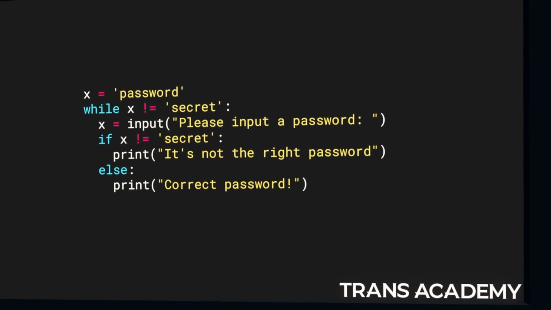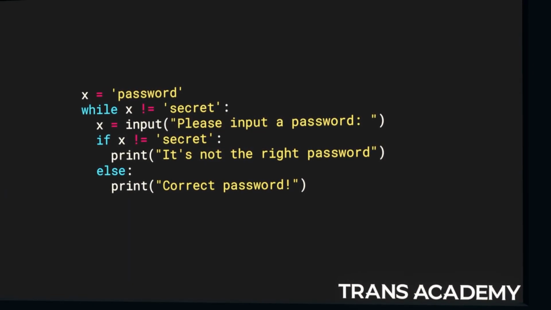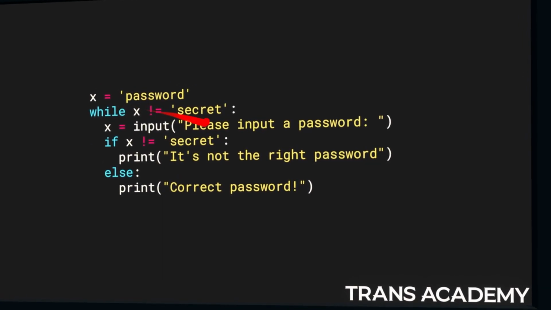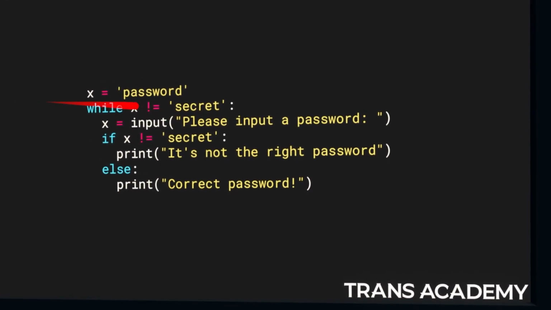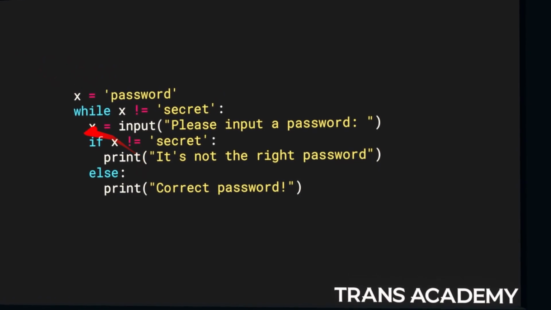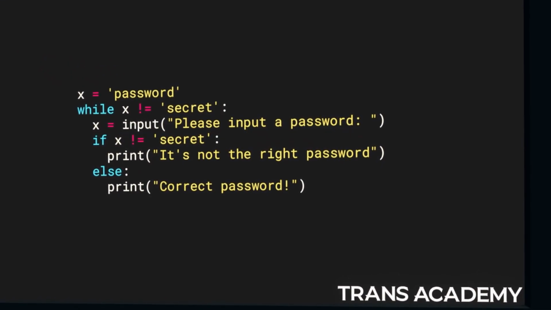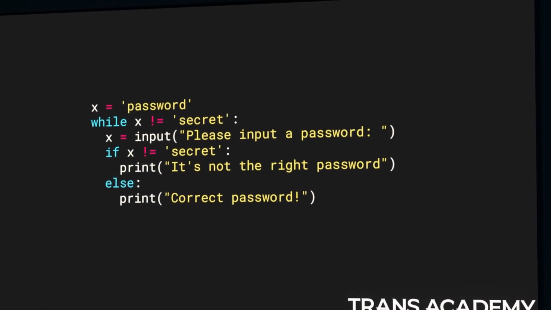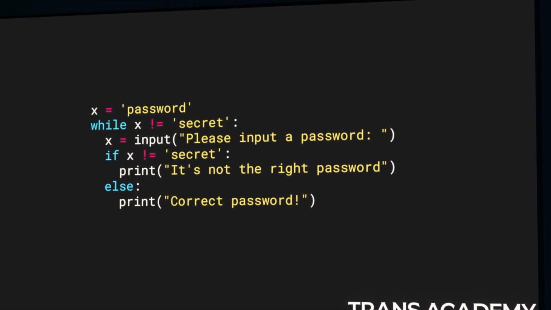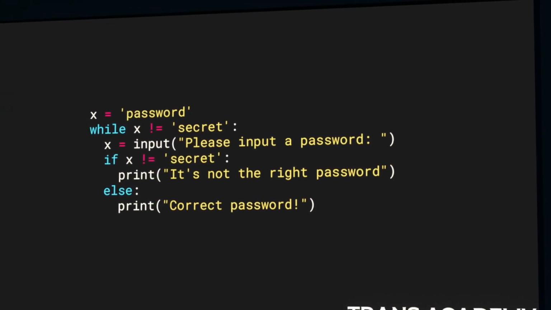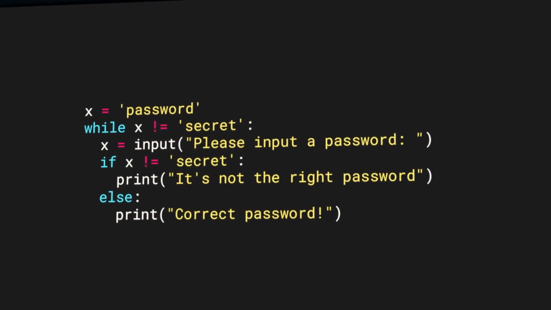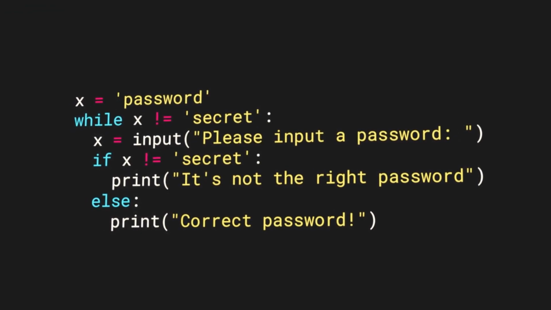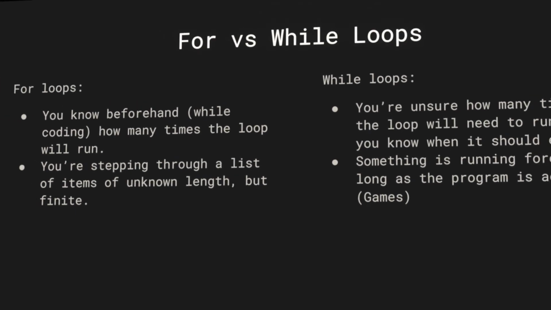For example, here, this loop will run as long as x does not equal secret. By default, x is password, and every time we run this loop we request a new value for x from the user. For those who may remember, a break statement is also a much cleaner way to write this, but we're just showing an example.